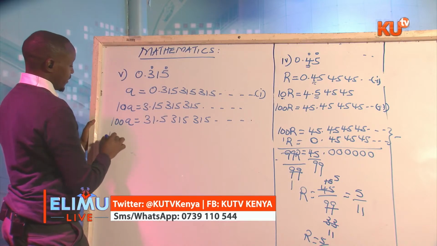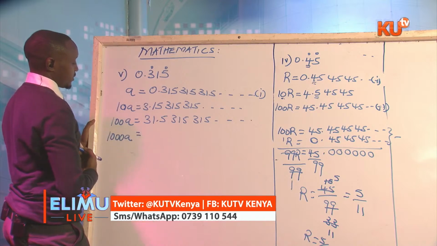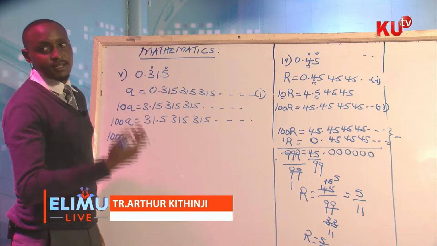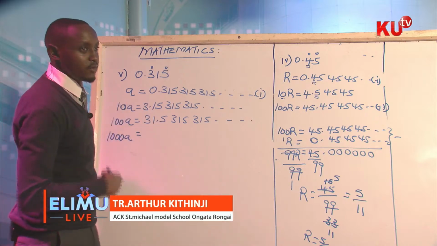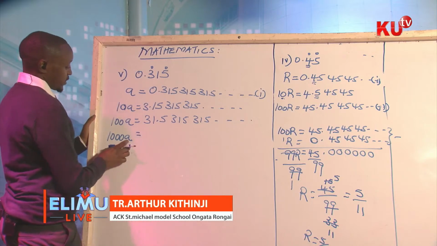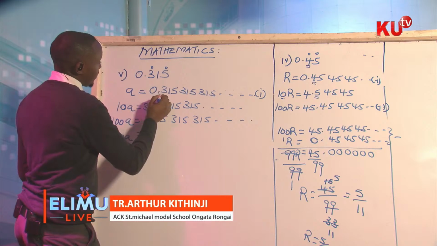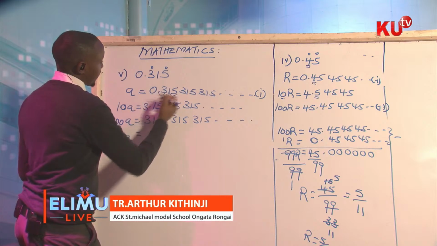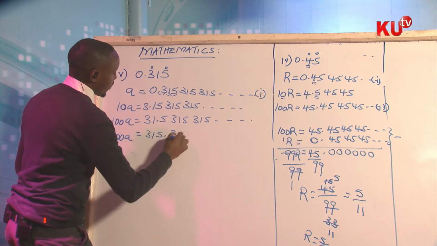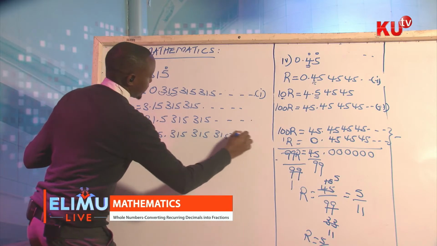Then we move to 1000A. We are multiplying by multiples of 10. Multiples of 10 are 10, 100, 1,000, 10,000, 100,000, 1 million, and so on. So 1000A will move our decimal 3 times to the right, which makes it 315.315 recurring.